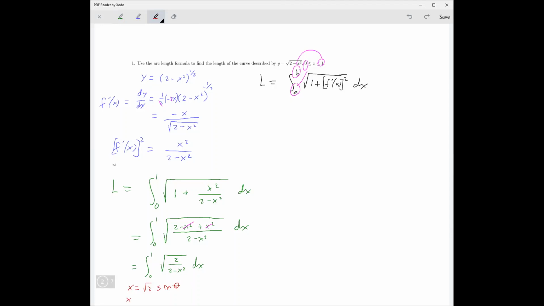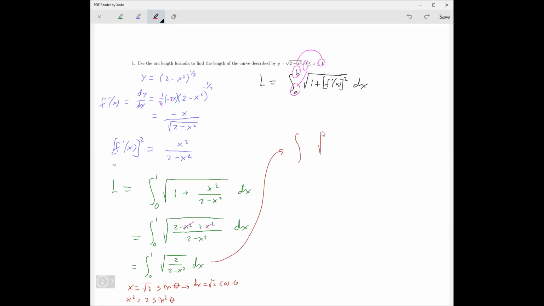Okay, so that means that x squared is 2 sine squared theta, and it also means that dx is the square root of 2 cosine theta d theta.